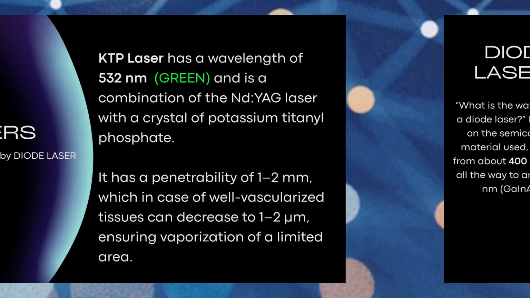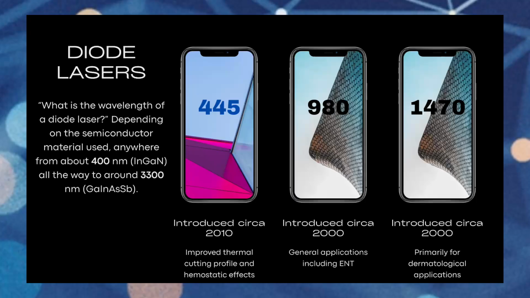For many years, we used KTP. Today, we have diode lasers. One of the early diode lasers that came out was 1470, about 2000, and it's used largely for dermatological applications. Around 2000, the 980 frequency was also used for general applications, including ENT.